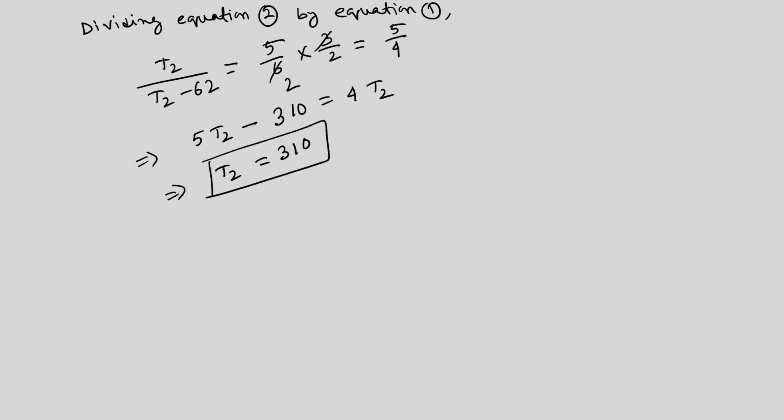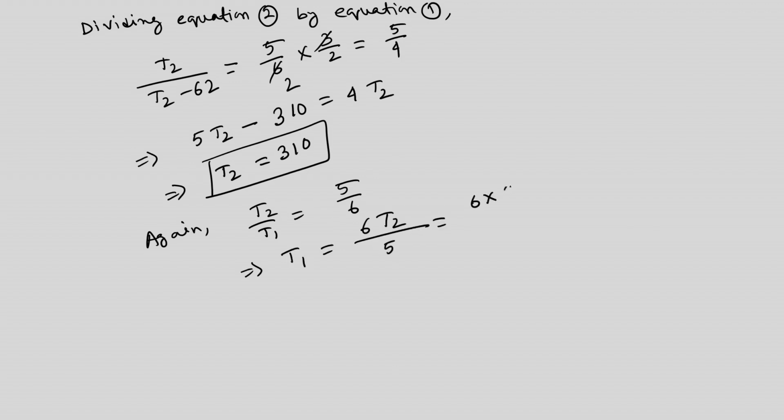Okay. So, the temperature of the source: we again have T2 by T1 equals 5 by 6. So, T1 is 6 T2 by 5. So, 6 times 310 by 5, we get 372.